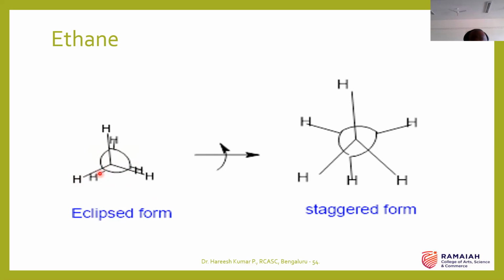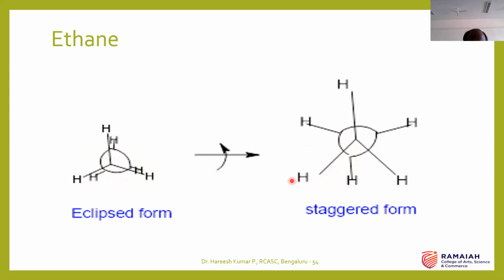Because of the hydrogen interaction, this moiety is unstable when compared to the staggered form. Here there is more distance between this hydrogen and this hydrogen, and this staggered form is more stable compared to the eclipsed form.